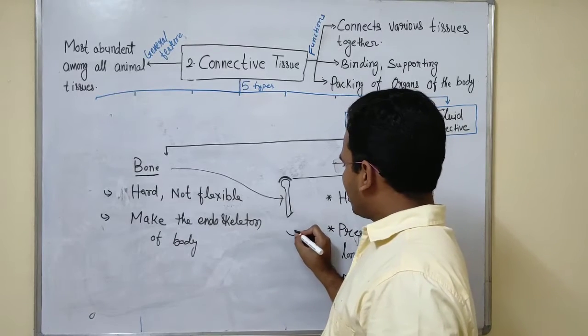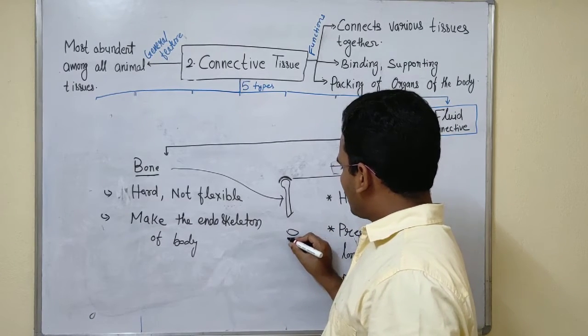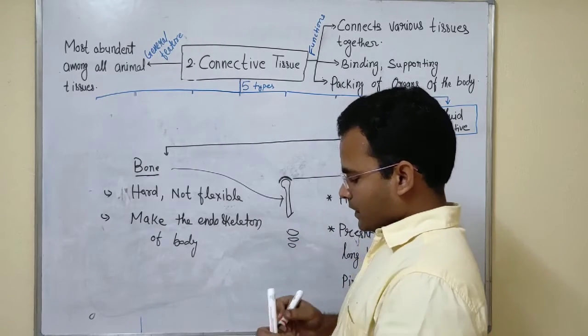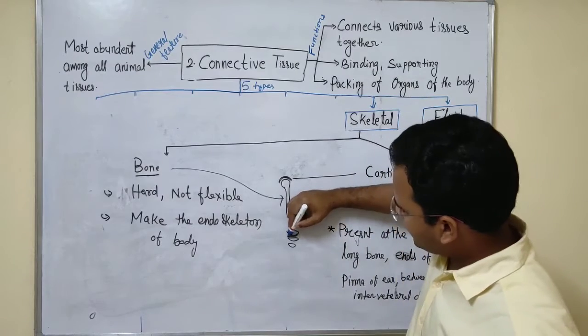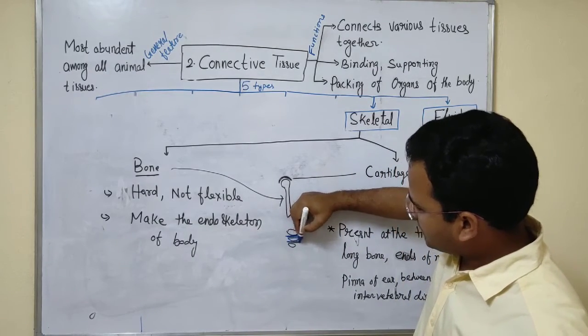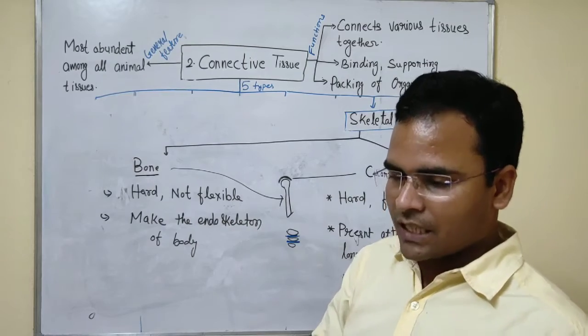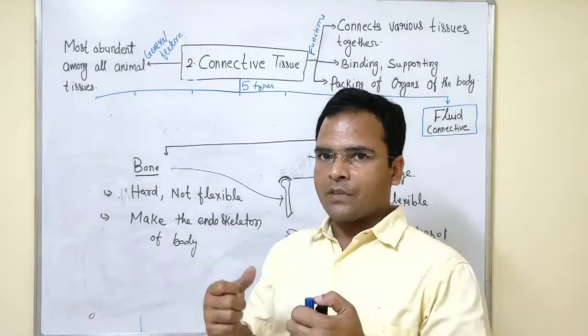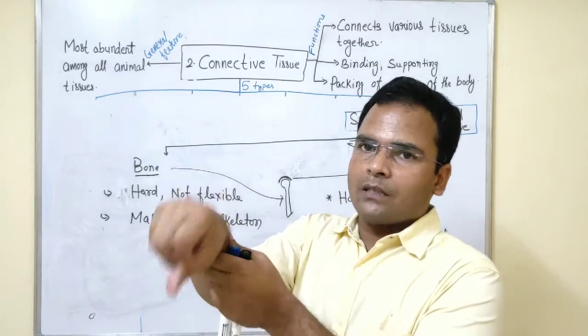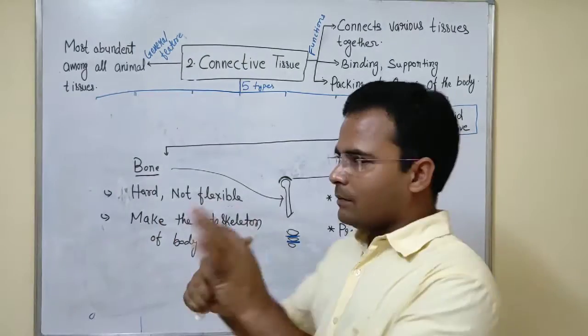The same with the intervertebral disc. Between two vertebrae, cartilage acts as a cementing layer. Since it is flexible, it protects them from breaking, and the movement is easily made.